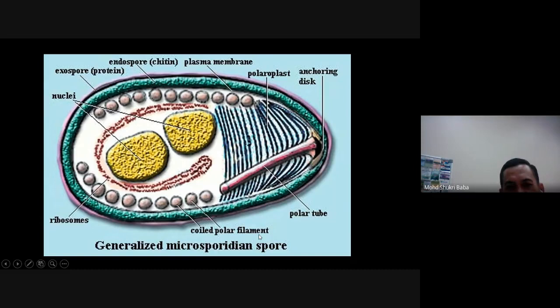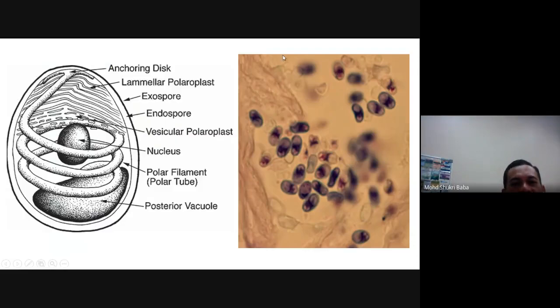Coil polar filament ini sebab ini cross sectional, bila you potong melintang macam ni, you akan nampak macam ni. Sebenarnya kalau dia dalam bentuk oval yang bentuk 3D, dia berpusar-pusar sebenarnya. Nanti saya akan tunjukkan. Dia macam ni. Okay. Dia daripada anchoring disc dekat sini, okay.